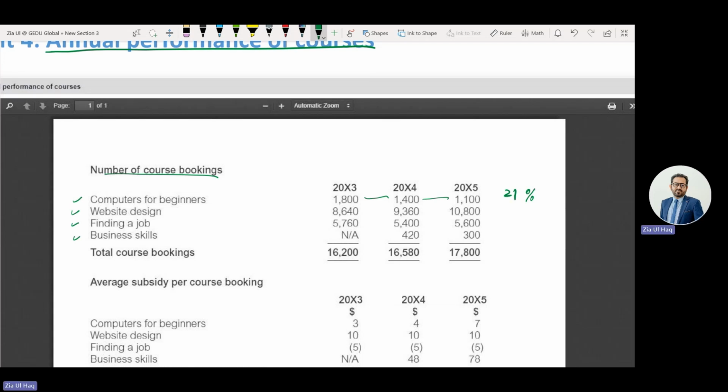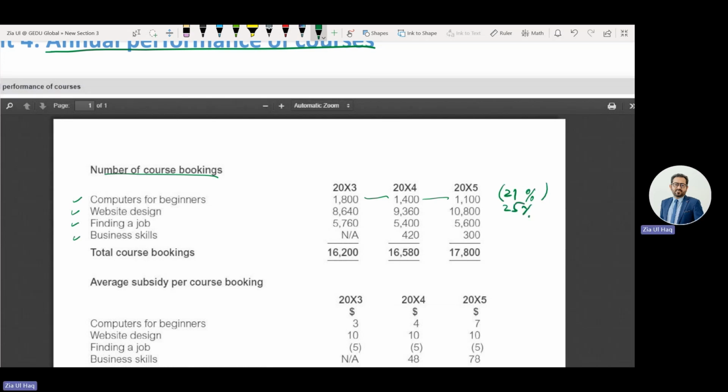Website design has increased as compared to the previous year. How much? 25% increase.